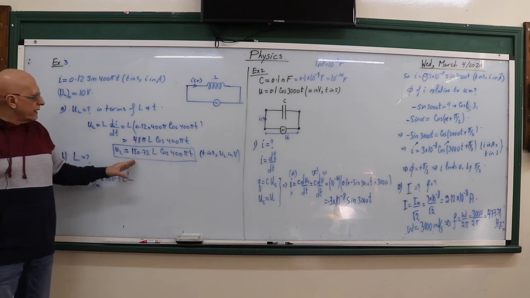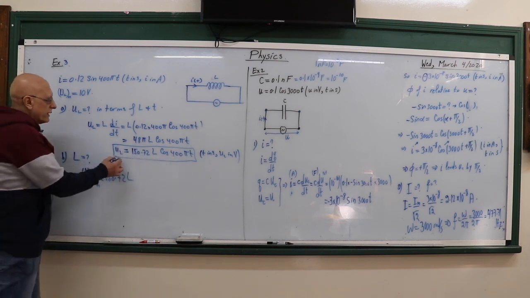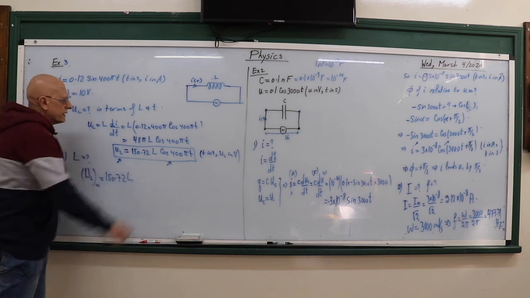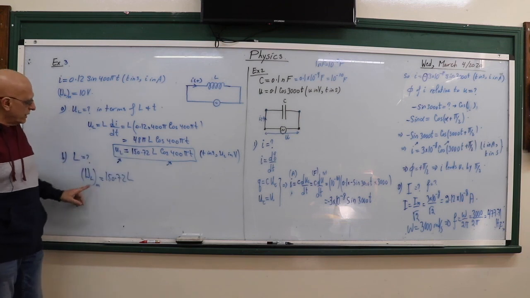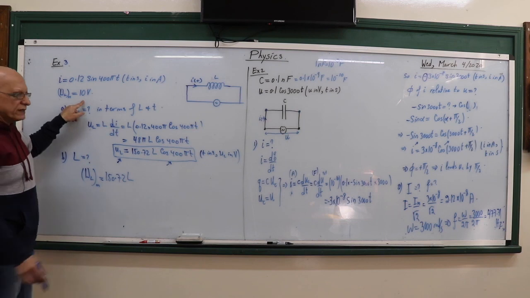As UL increases, cosine increases, so UL is maximum when cosine is 1. And so you get UL maximum, but UL maximum is given to be 10.